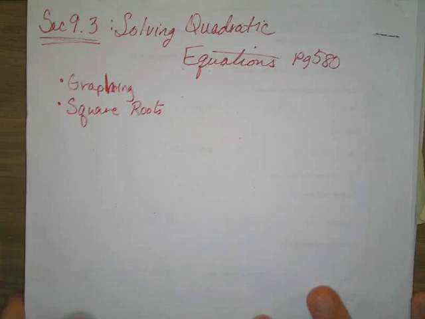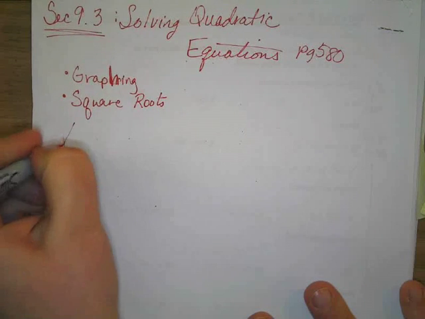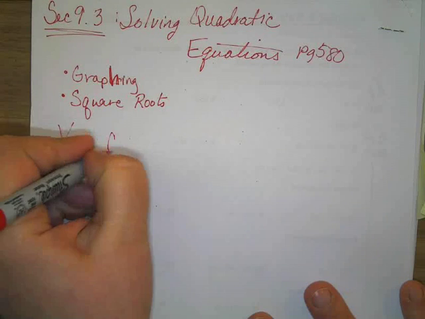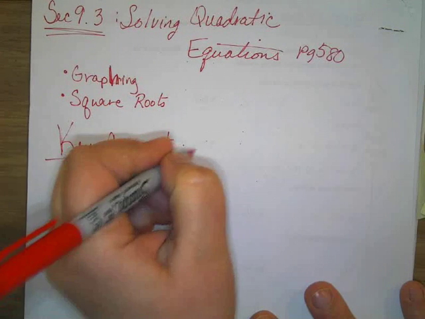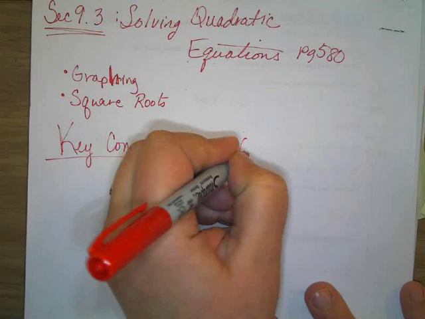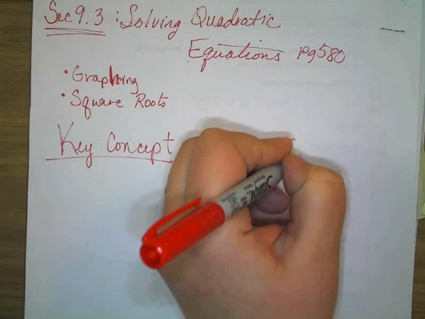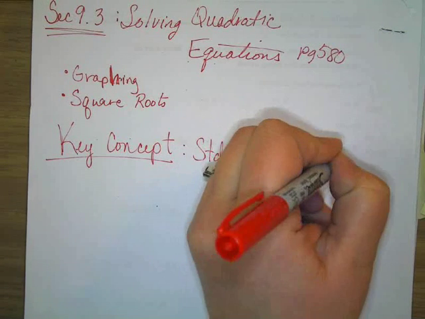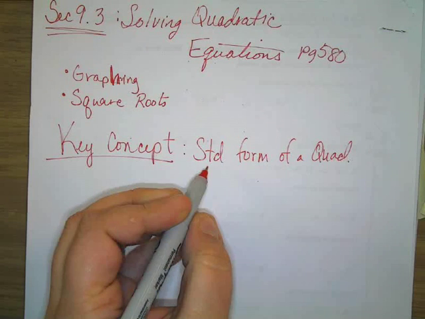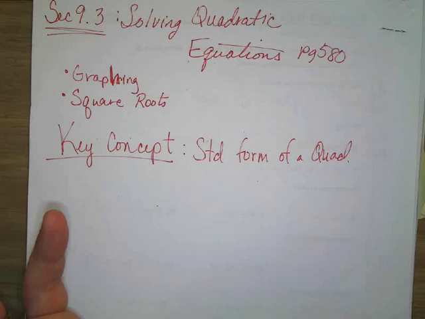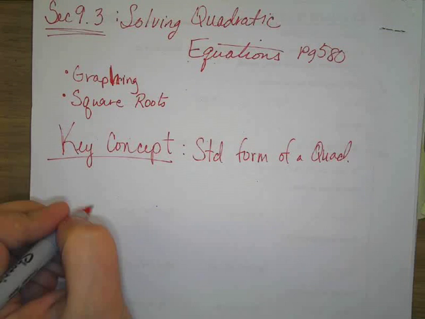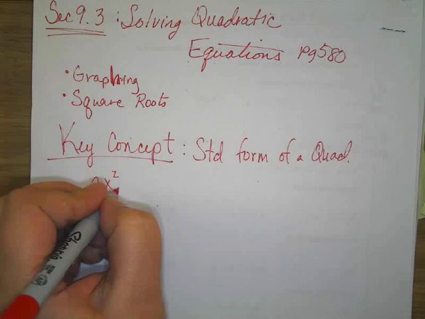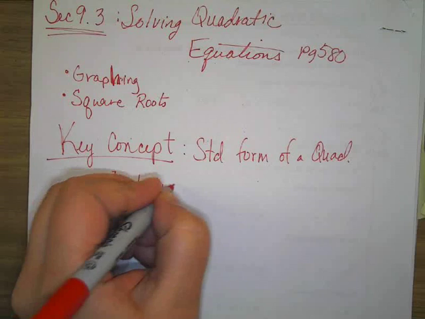Okay, so once again, we're going to bring this back. Key concept: standard form of a quadratic. STD is an abbreviation for standard. This is standard form: ax squared plus bx plus c.